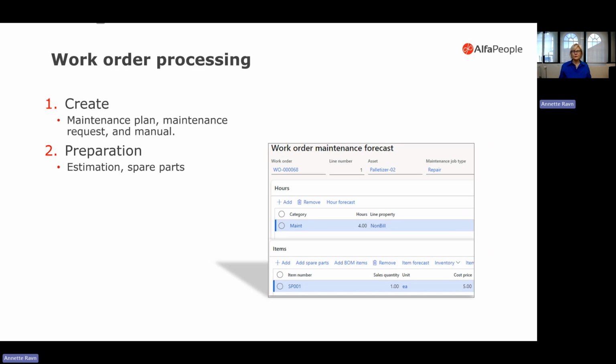But if we have a repair job from a maintenance request, then we don't have any forecast for that. In order for us to be able to plan, we still have to make a best guess. So part of the preparation is to make a best guess of the estimated time and a best guess on the estimated or forecasted spare parts that we need in order to do so. It's not a mandatory step, but it helps in the planning.